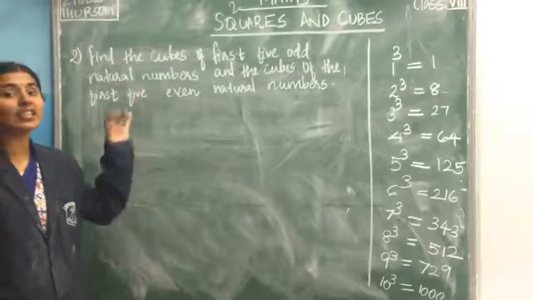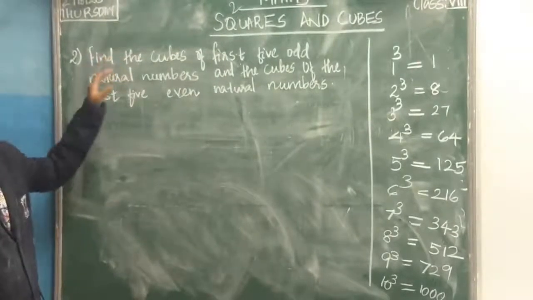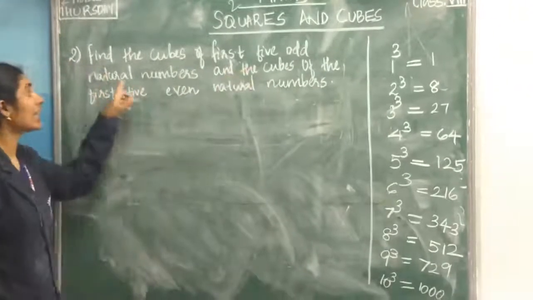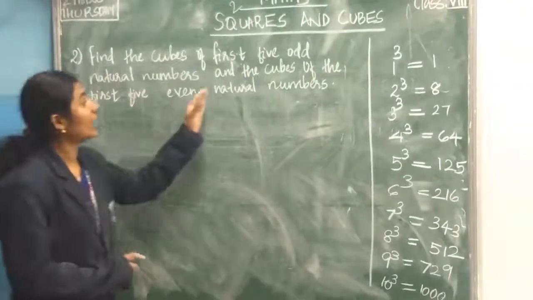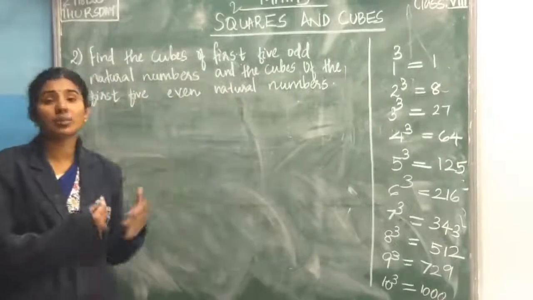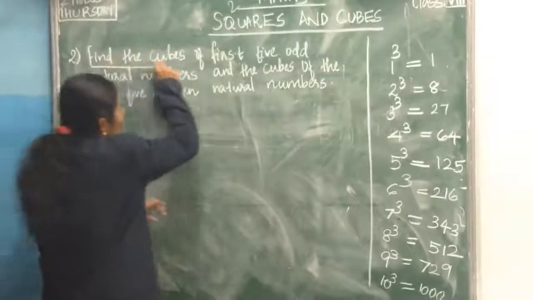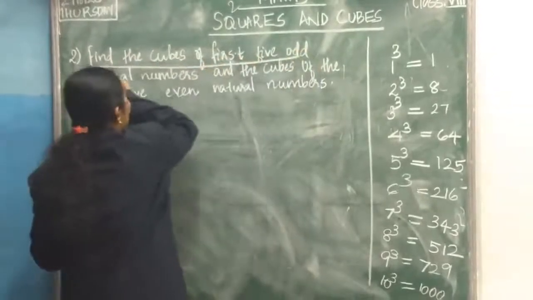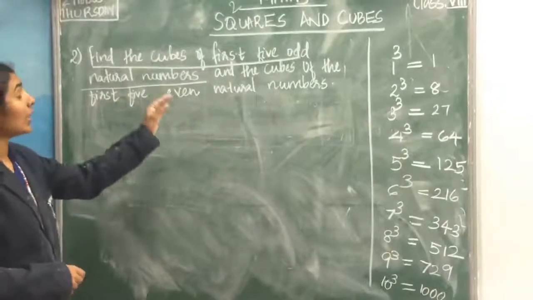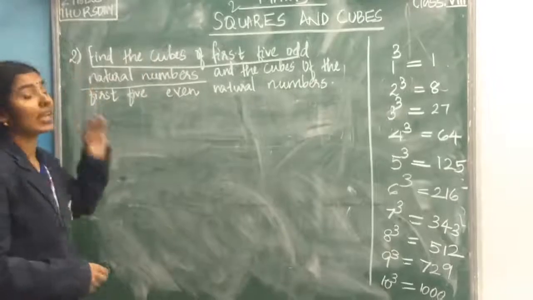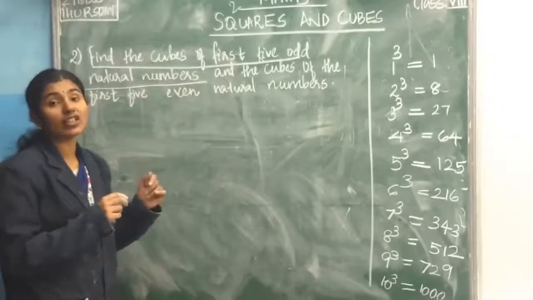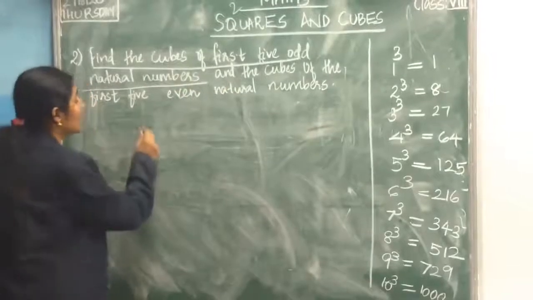Now see the second question. They have given: find the cubes of the first 5 odd natural numbers and the cubes of the first 5 even natural numbers. What is the first condition? You should find the cubes of the first 5 odd natural numbers.